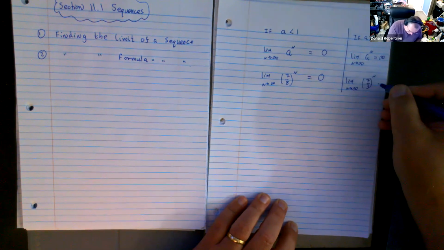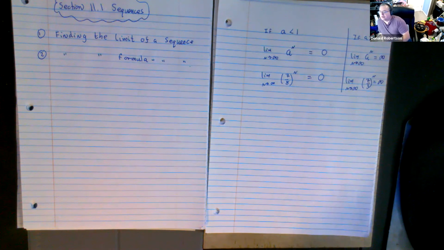Does that make sense that if you've got a number that's bigger than 1 and you raise it to the power of n, would you agree that it would eventually just get bigger and bigger to infinity? So can we just take that as a truism, right? I don't need to prove it, I just need to use it.